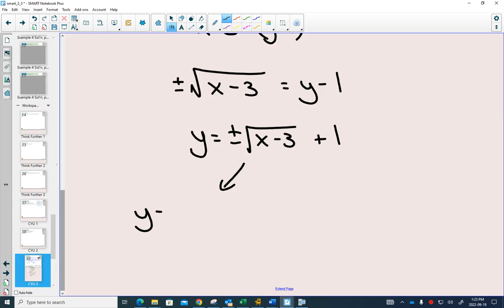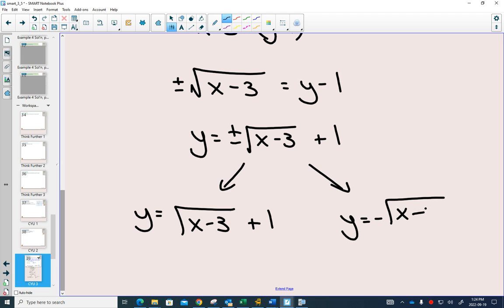So we would have one equation with the plus sign and one equation with the minus sign. And what you have to decide is which equation goes with the blue graphs that we were looking at and which equations go with the green graphs.